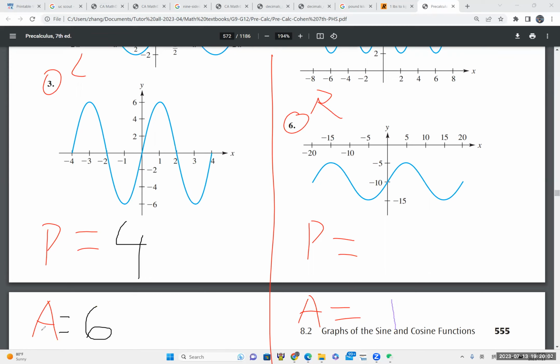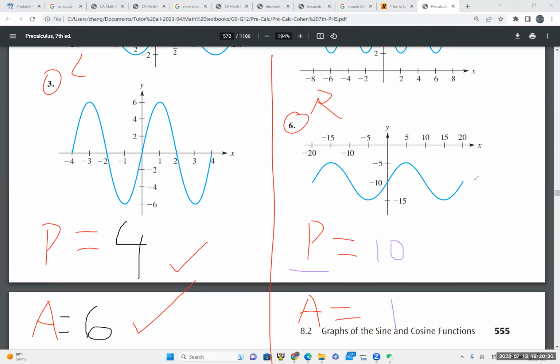Amplitude is the distance from the middle to the top or bottom.